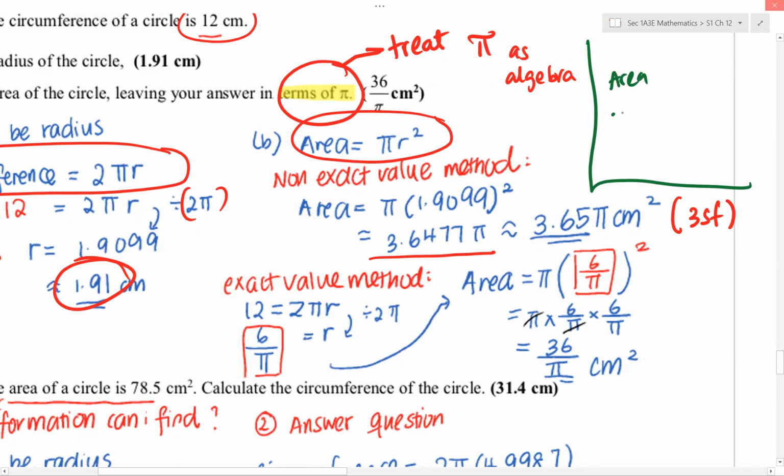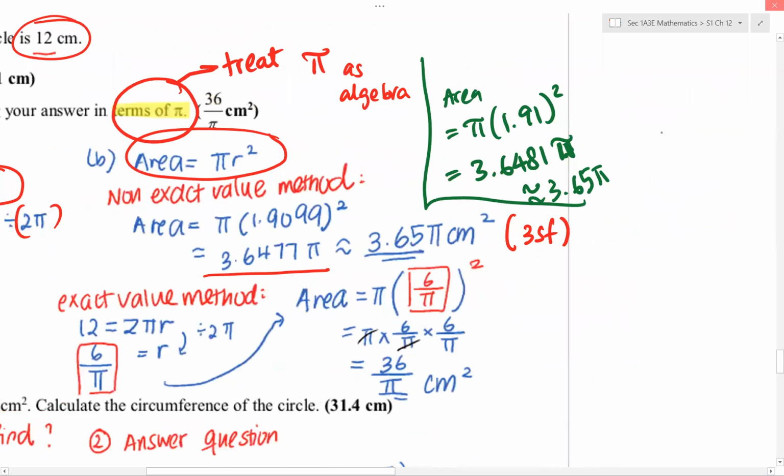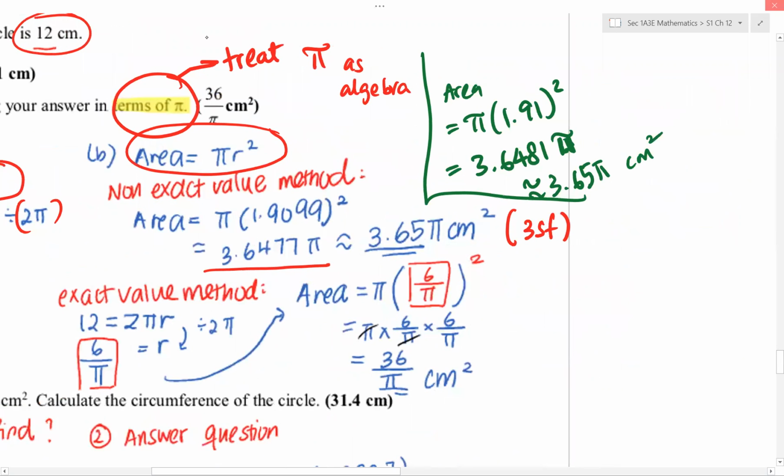Area equals pi times 1.91 squared. I end up with 3.6481 pi, and this is approximately 3.65 pi cm squared. Okay, look closely at the values. 3.6481 pi versus 3.6477 pi.